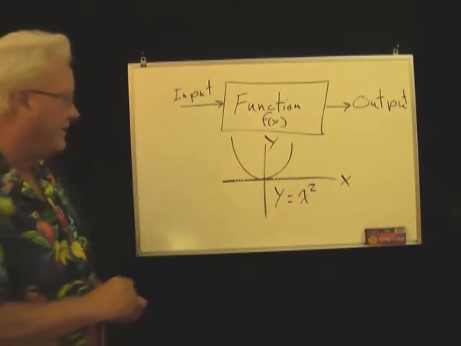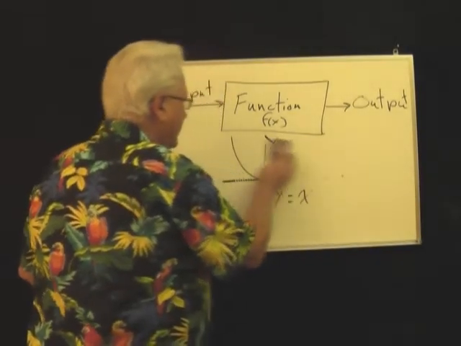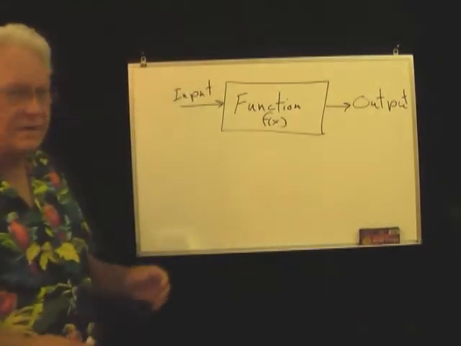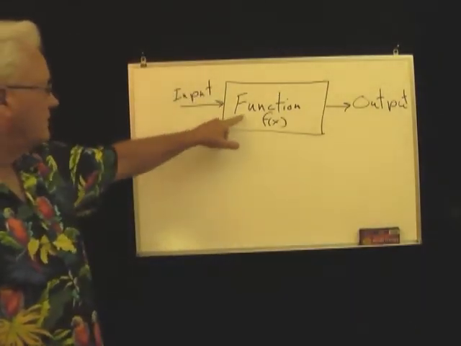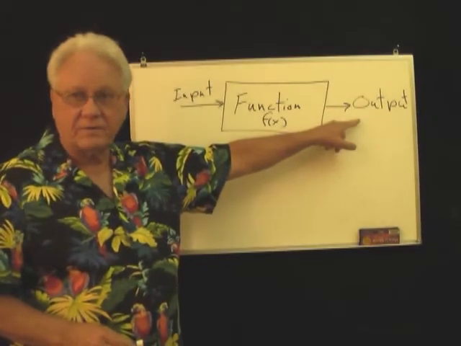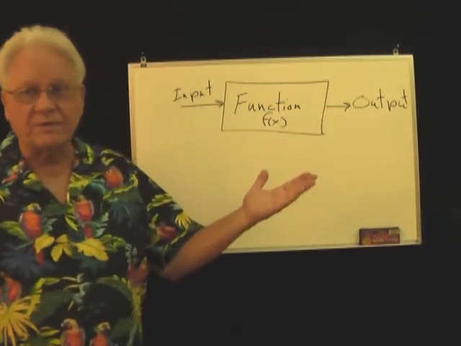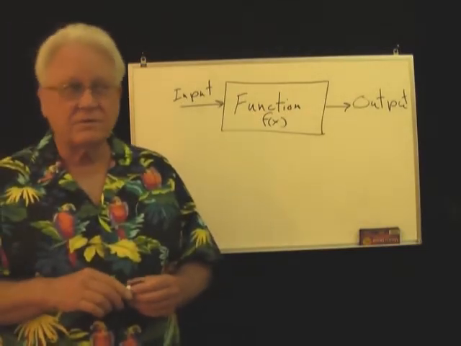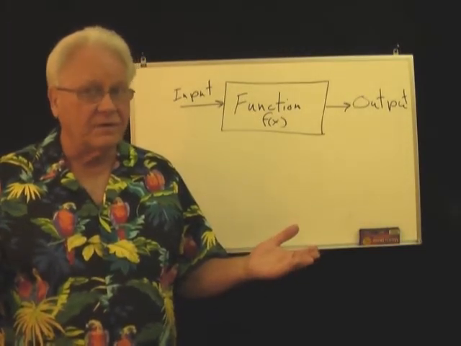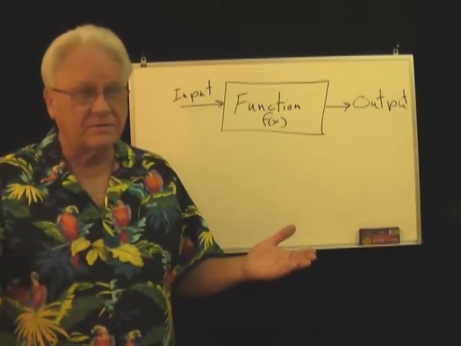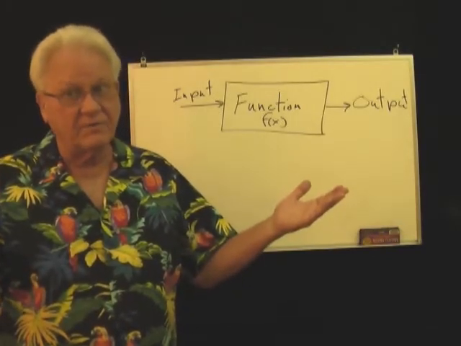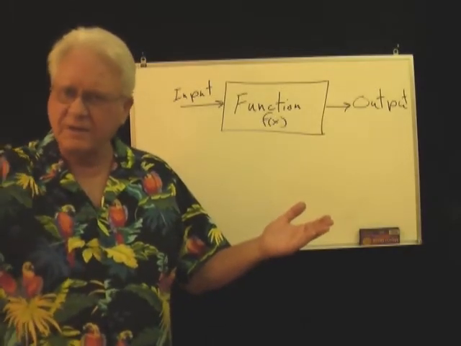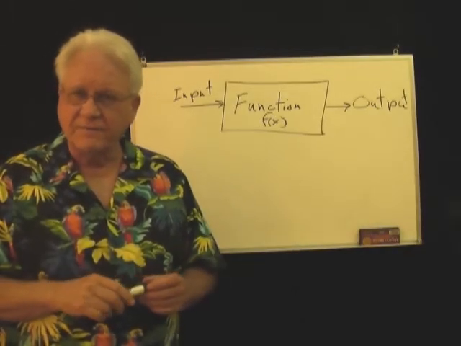Now, here's where we get into iteration. Instead of just taking an input, working the function on it, and getting an output, and doing that for every possible value of x, to create a graph you don't have to do it for every possible value of x, because there's an infinite number of them. You just do it for several, and then you can connect the dots and you get a graph.